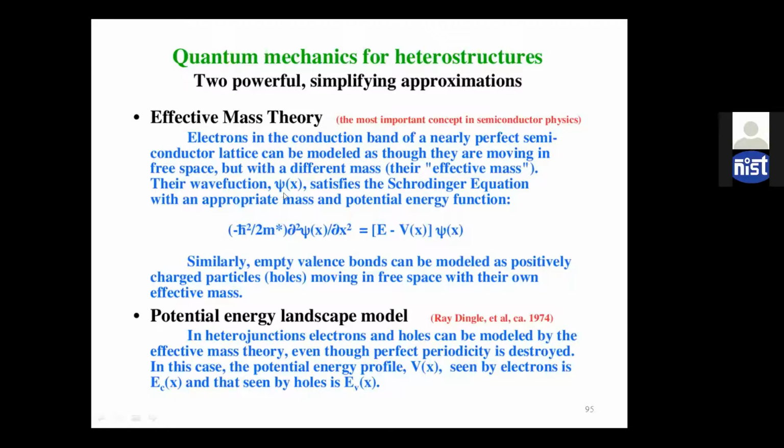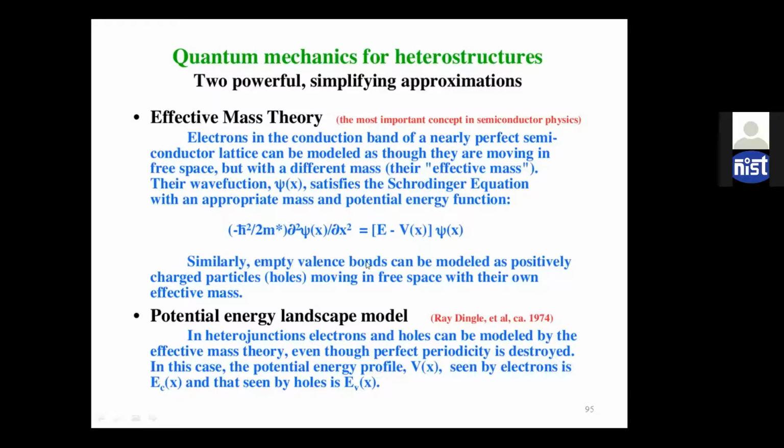So their wave function satisfies the Schrodinger equation with an appropriate mass and potential energy, which can be expressed as minus h cross square by 2m star, del square psi by del x square, equal to E minus V of x, psi. Psi gives rise to the distribution of the electron. E is the energy, V is the potential, and m star is the effective mass.